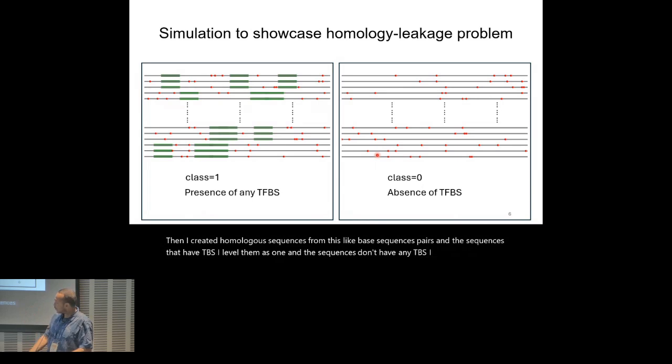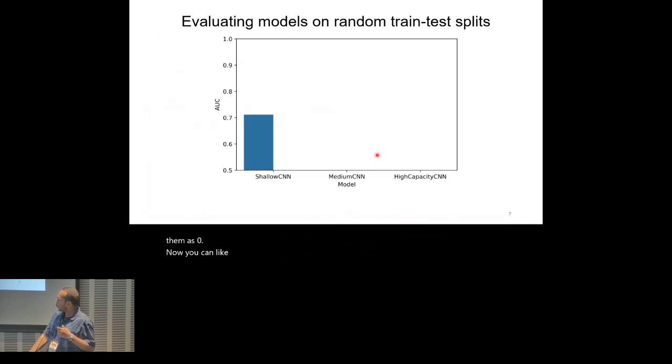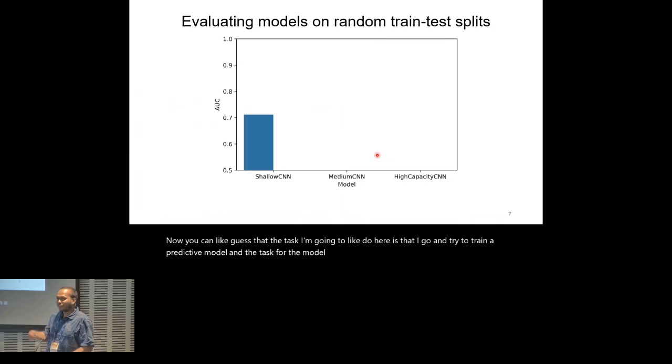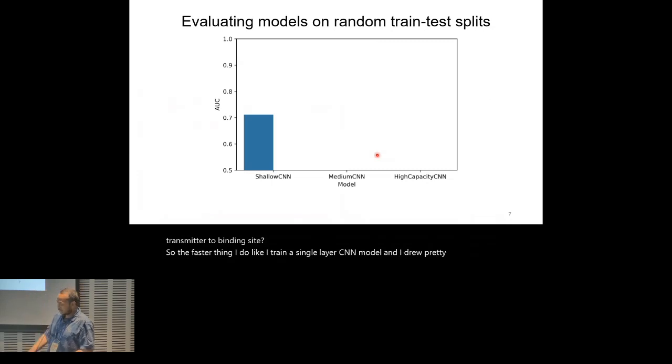Now you can guess the task I'm going to do here: I train a predictive model, and the task for the model is, can you identify if the sequence contains a transcription factor binding site? In the first attempt, I train a single layer CNN model, which doesn't do great because it's a very small model.